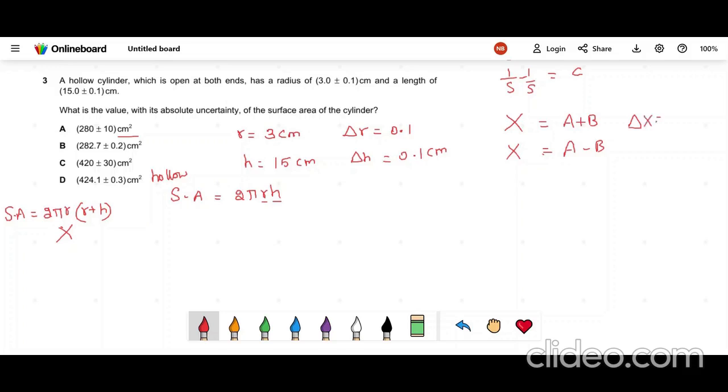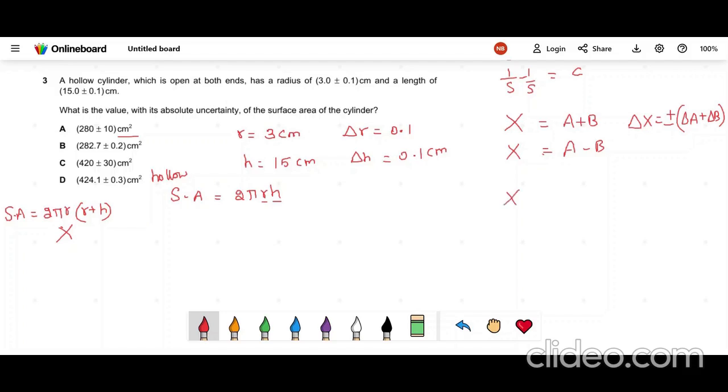Delta x will be equal to plus or minus delta a plus delta b. So if two variables are additive or subtractive, then the error will be calculated this way.